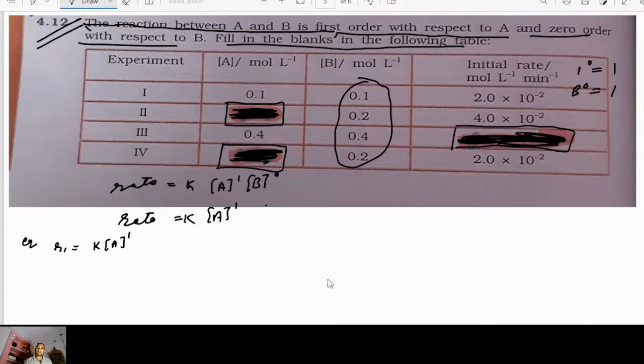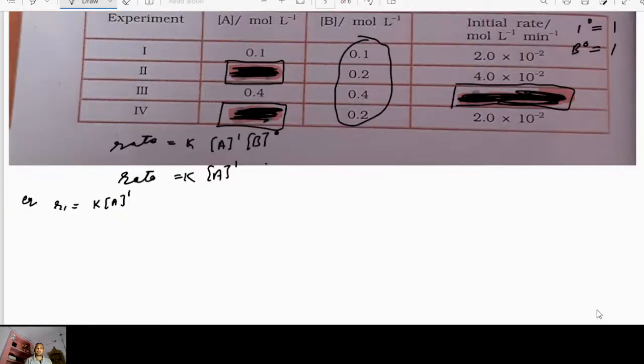So in this frame we have to derive the equation. R1 value 2.0 into 10 power minus 2 is equal to K. A value how much is there, student? 0.1. Equation 1.